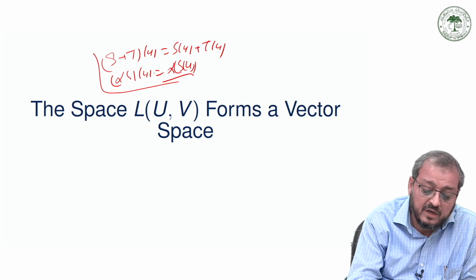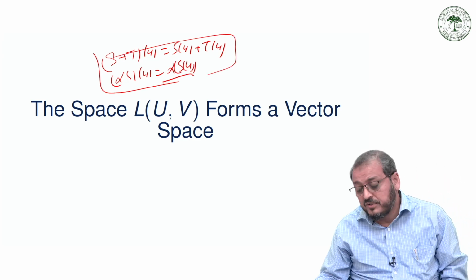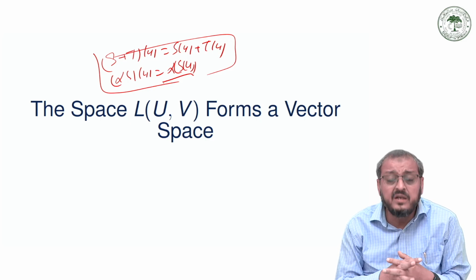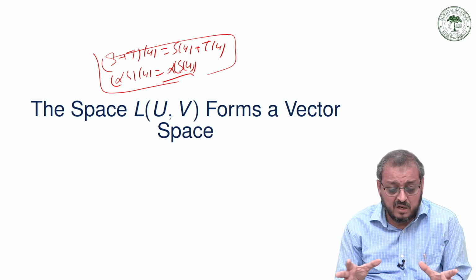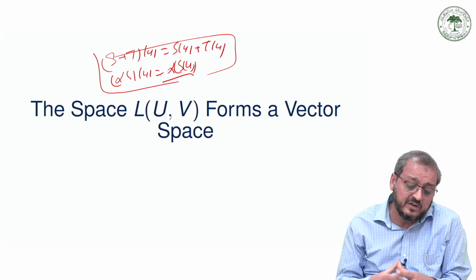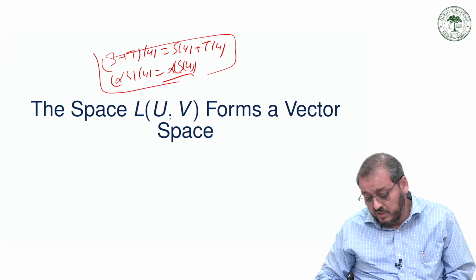Under these two binary operations, we try to show that the collection of all linear transformations forms a vector space, and that vector space is called the L(U,V) space.